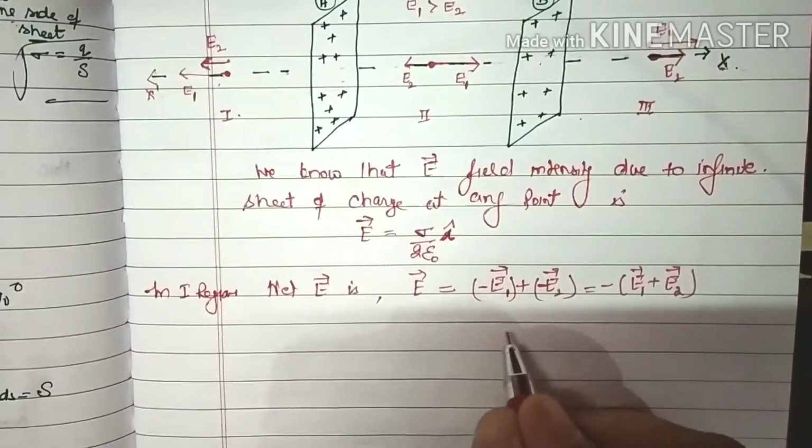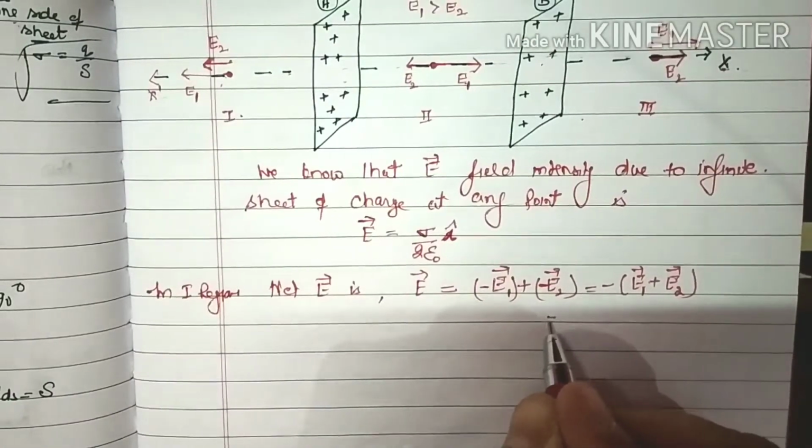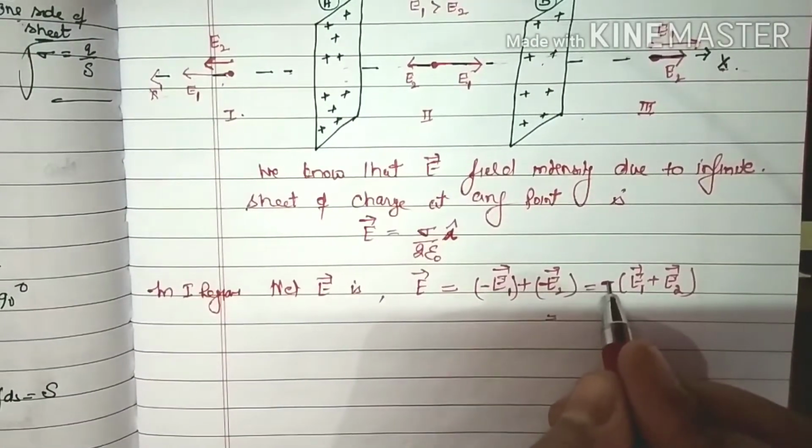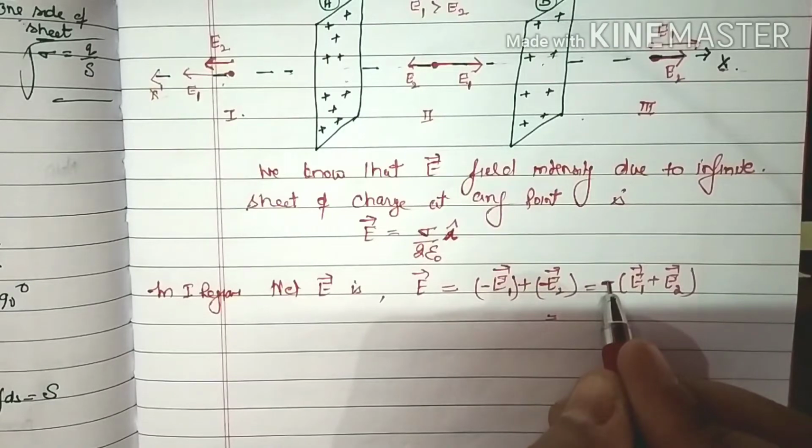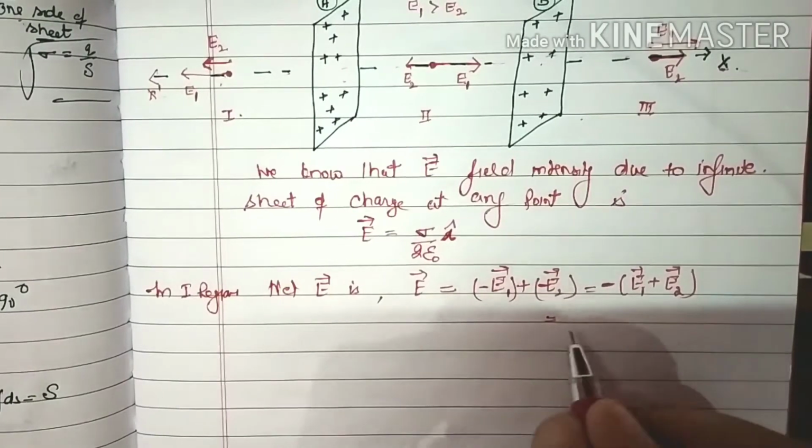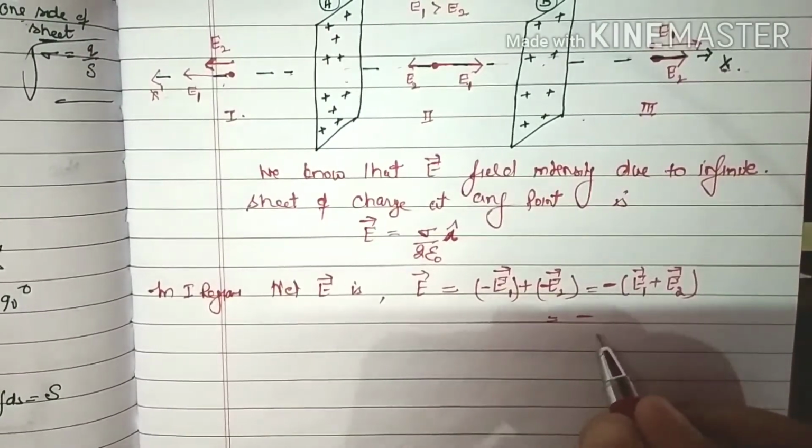Now we will put the values of E1 and E2, because this negative sign indicates the net electric field is toward the negative x-axis. So here the negative sign comes outside.